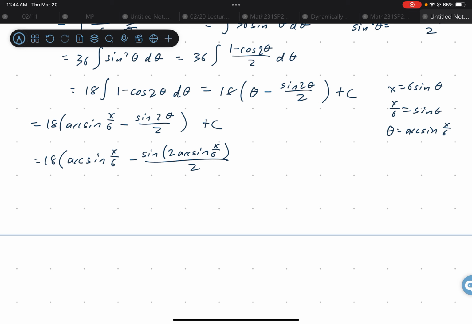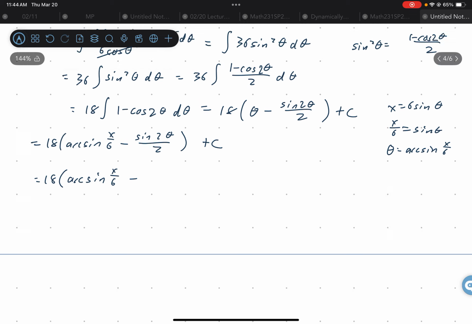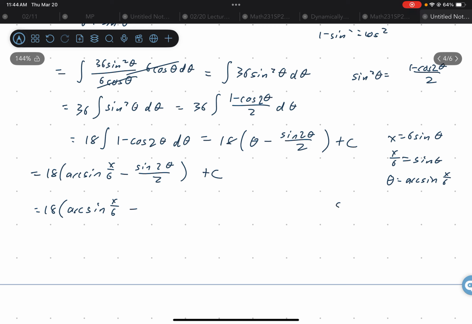Wait, I forgot something. I forgot the trigonometric identity: sine 2 theta equals 2 sine theta cosine theta.